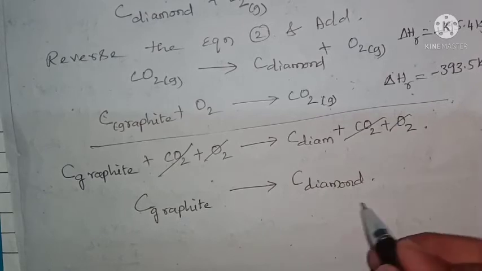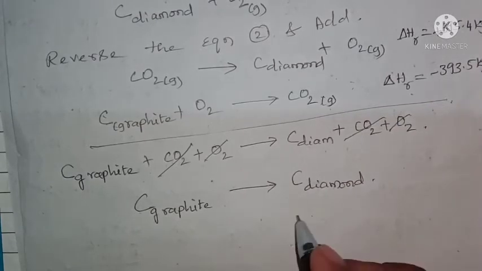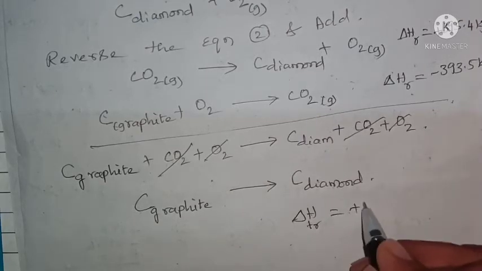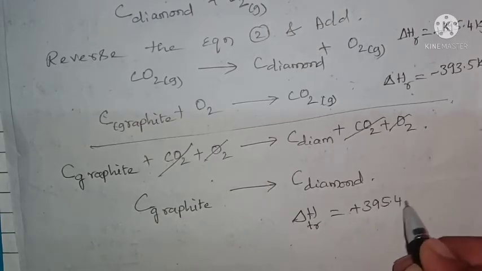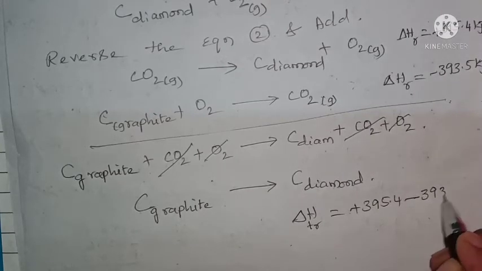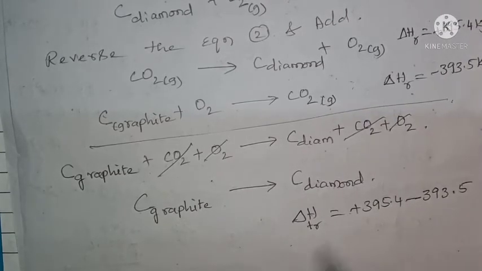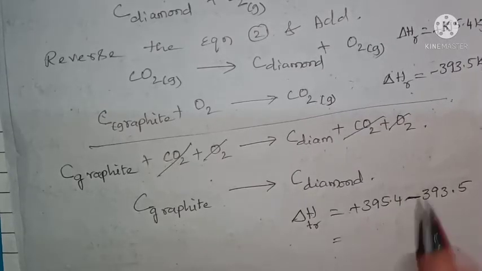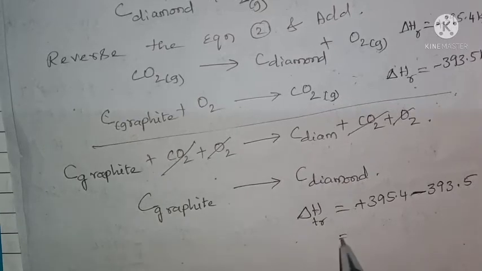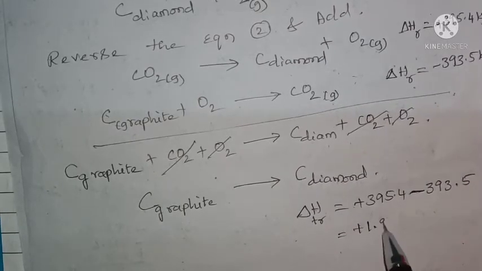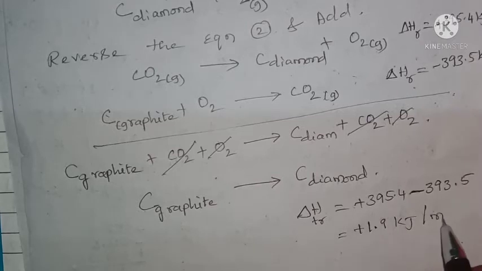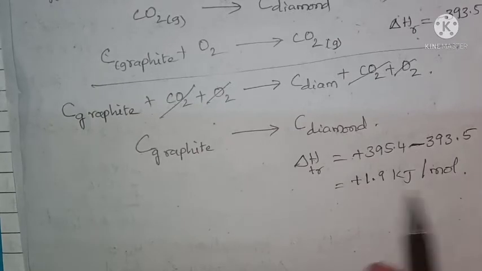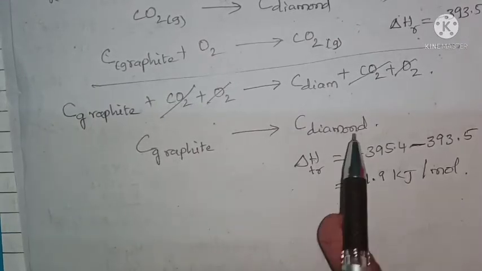So the enthalpy of transformation is equal to plus 395.4 minus 393.5. Just add, but as the negative sign is there, it is 1.9 kilojoules per mole. This is the enthalpy of transformation of graphite to diamond.